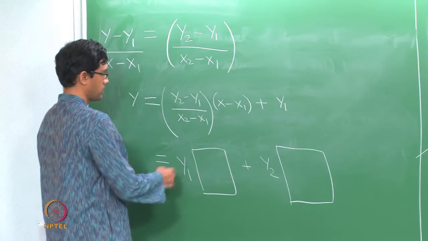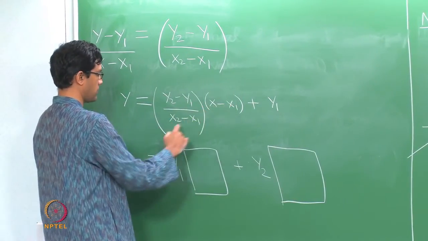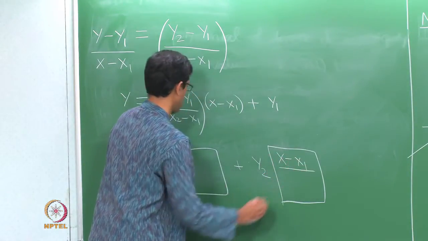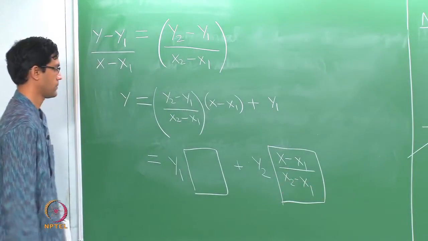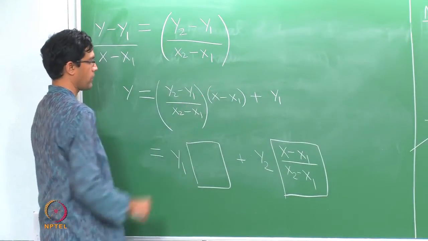So let's do that. This looks like y2 times (x minus x1) by (x2 minus x1), and I have a y1 which occurs here as well as a y1 there.